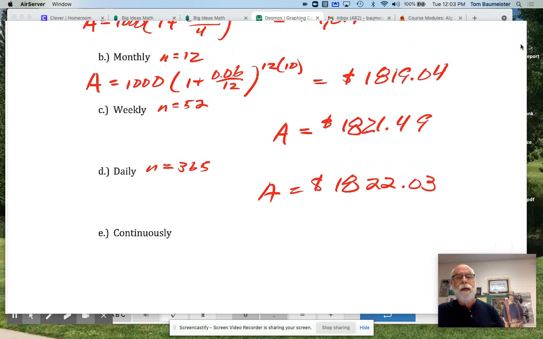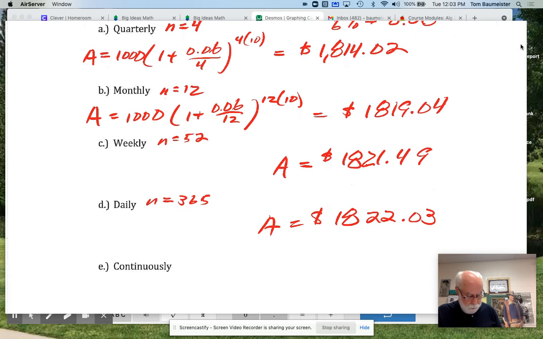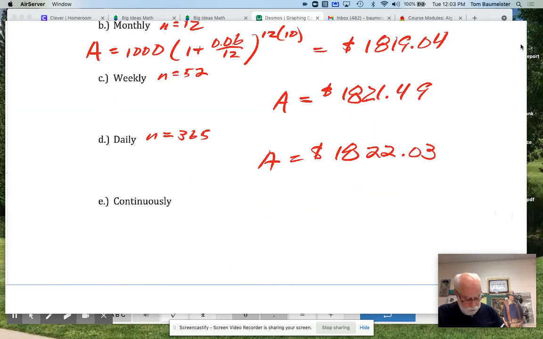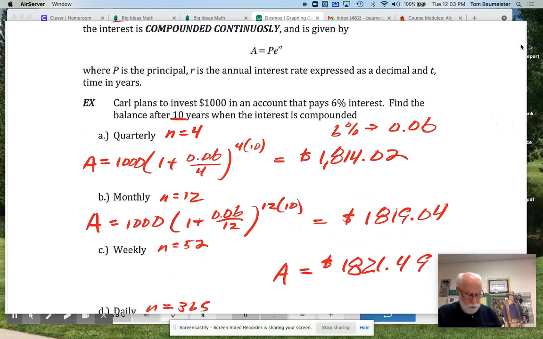Again, on those two, I would still use the same formula as I did for A and B, but when we're talking continuously, then I have to use e. So I would have A is equal to our principal, which is 1,000, times e raised to the 0.06, that's my r, so we're using this formula here now.